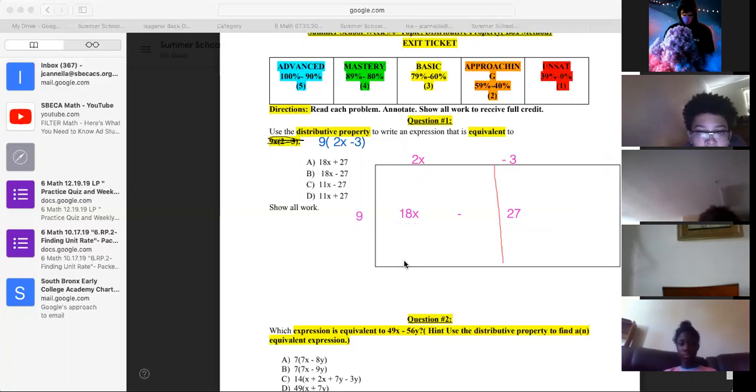The answer that you have to look for is 18x minus 27. So which answer should we pick on the paper? A, B, C, or D, Omar? B. Guys, careful of the signs. It's B. We did question 2 in the classwork.